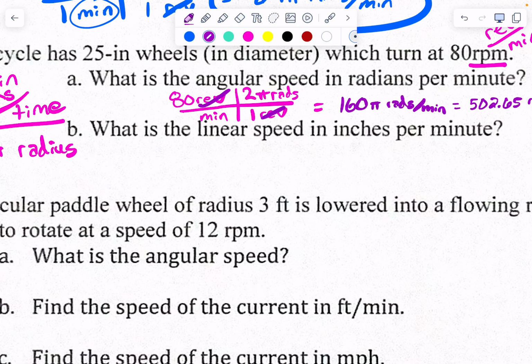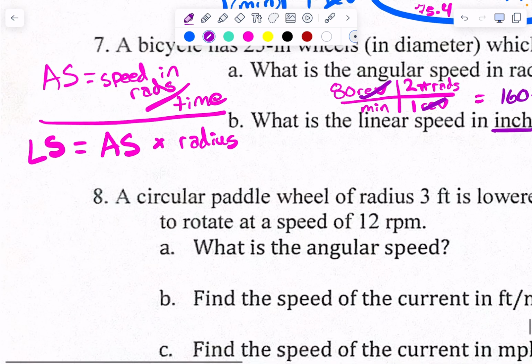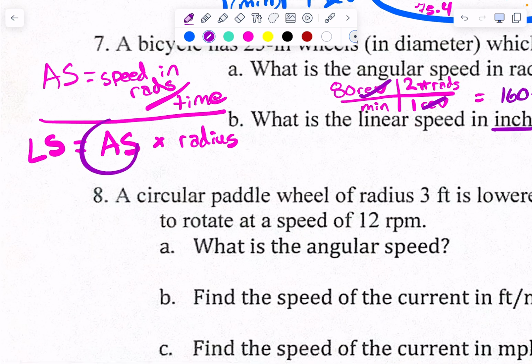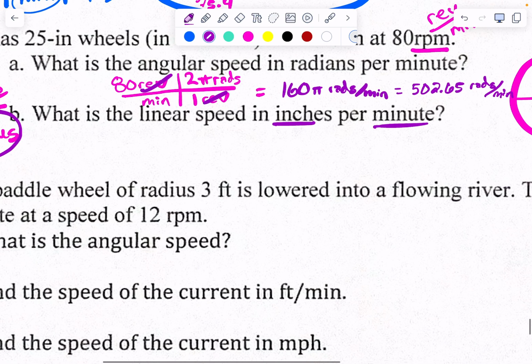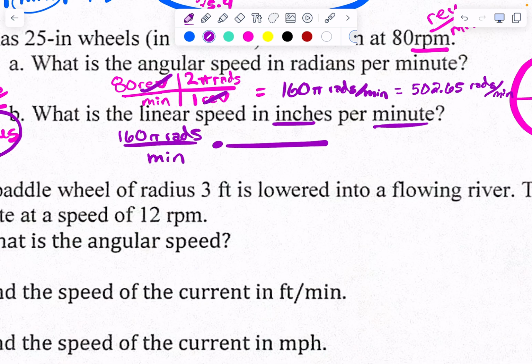Linear speed is just wanting everything in inches per minute. Here's the deal. Let's say I don't know the formula, that you just take the angular speed times the radius, okay? So I'm going to take what I had, which was 160 pi radians per minute, and I want inches per minute.